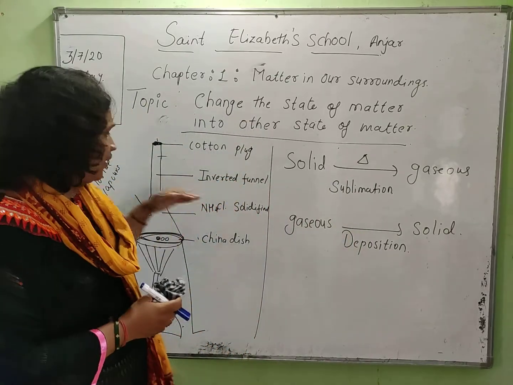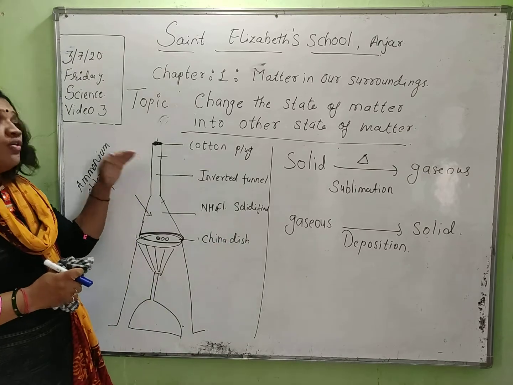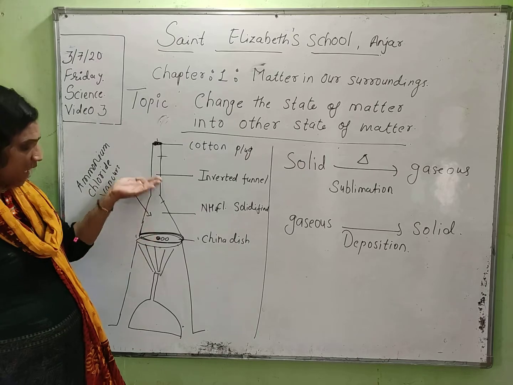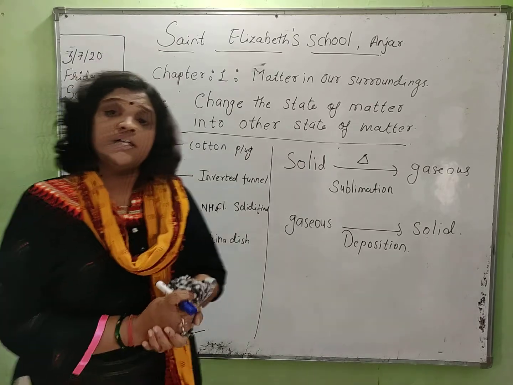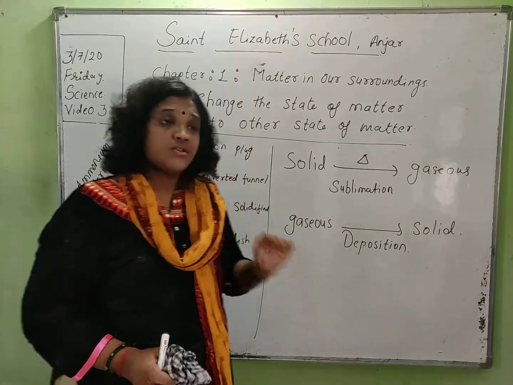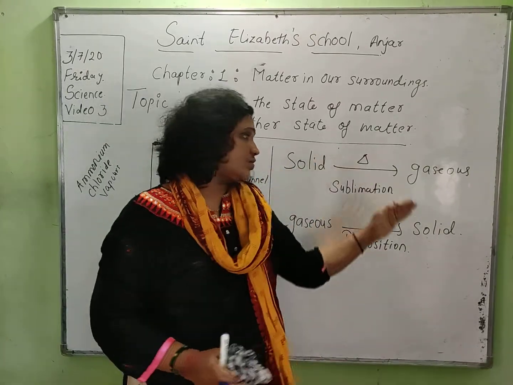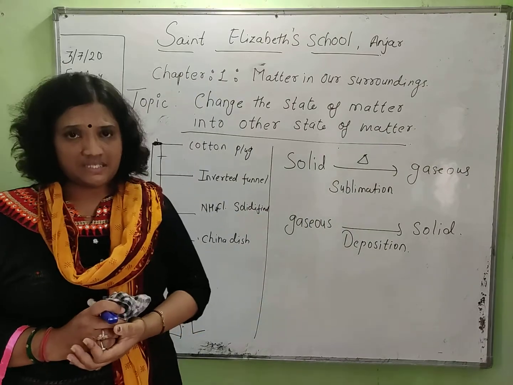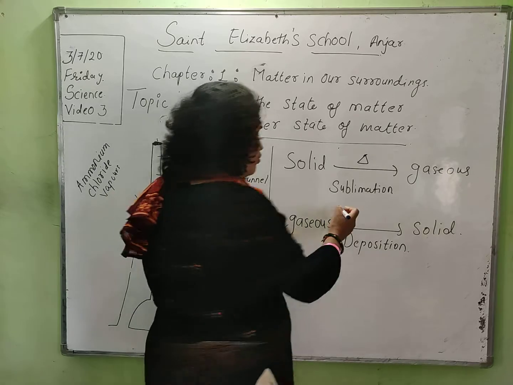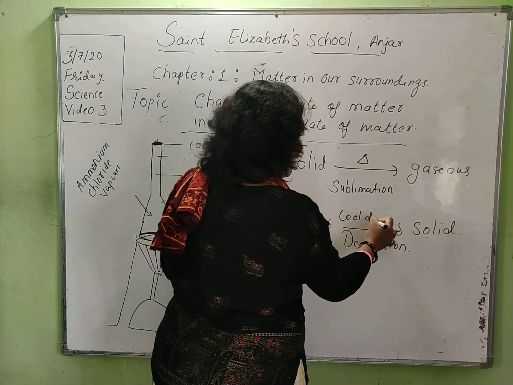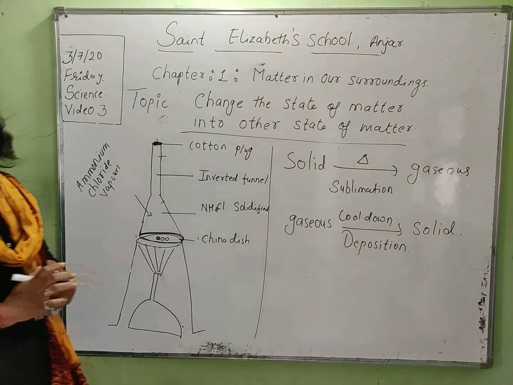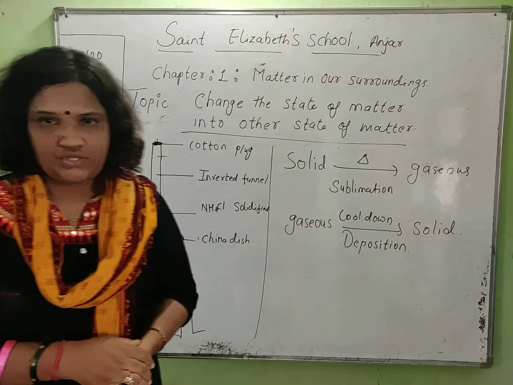Second, when you don't give heat, because the gaseous form is there, we expect liquid. No, it comes back to its solid state, and this process is known as deposition. So remember, when a solid turns into a gas, that process is known as sublimation, and when the gas cools down, that is, you decrease the temperature, it turns into a solid. This process is known as deposition.